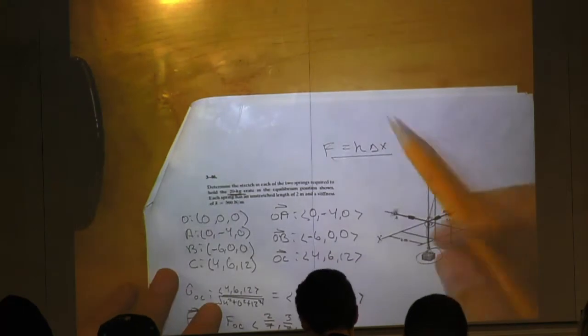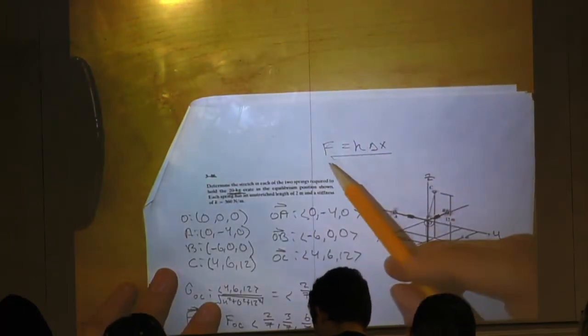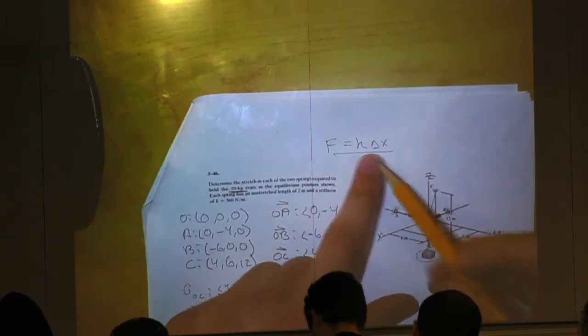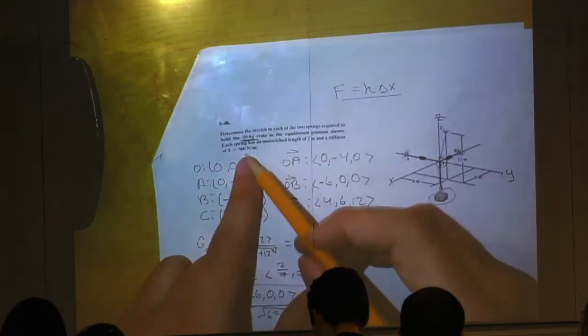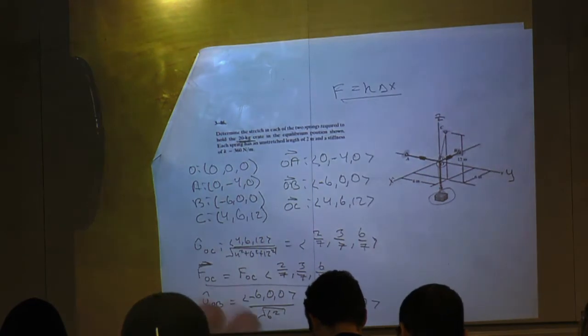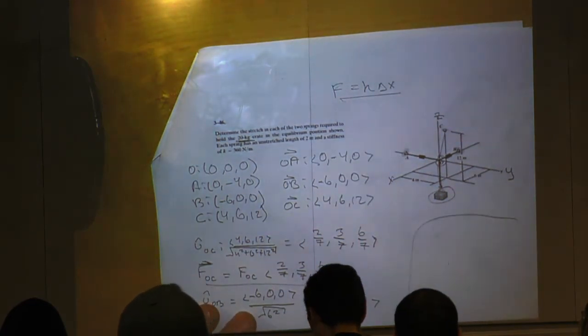So we said earlier that our equation for our spring and our force was force is equal to k delta x. So what we just found was F. What we have here is k, so now we can find delta x. So a little thing here. Let me solve.